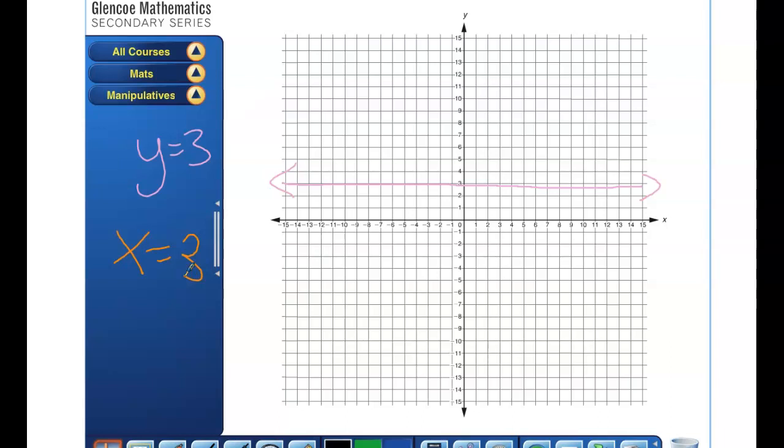So this time, if x is always 3, x is 3 there, x is 3 there, x is 3 there. So x is 3 at all of those points. So if you have x equals something, it's a vertical line. If you have y equals something, it's a horizontal. I talked a little bit about that at the beginning of this unit before break. So that should kind of be a review.